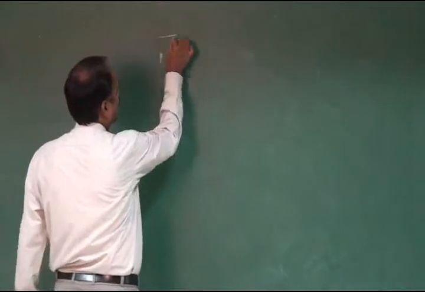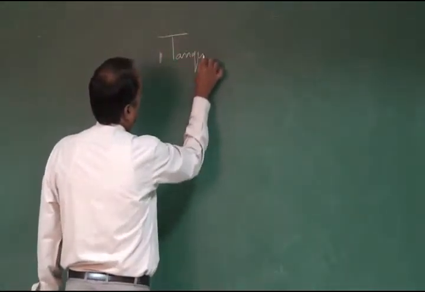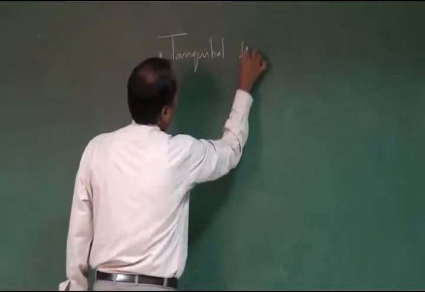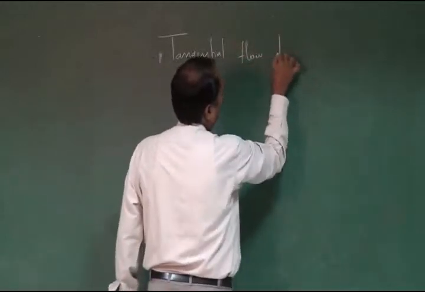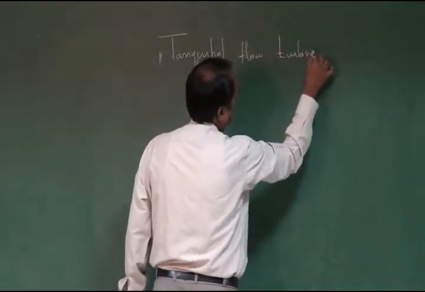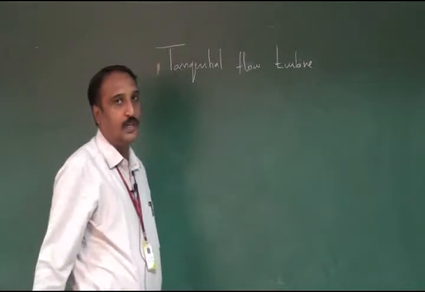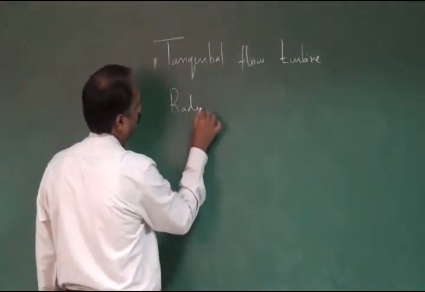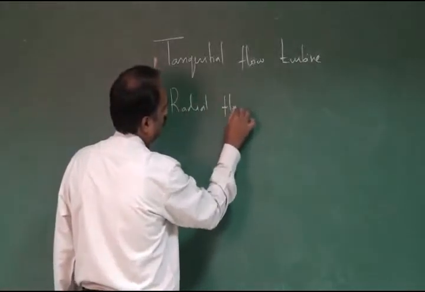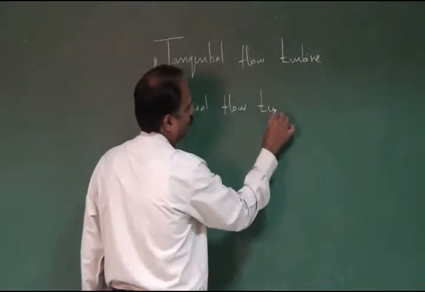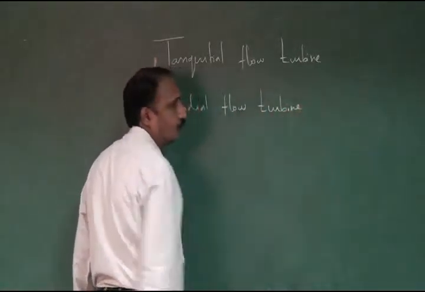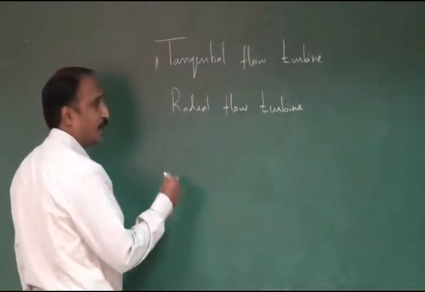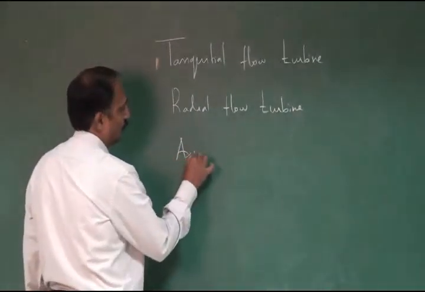The first one is tangential flow turbine, then radial flow turbine, and the third type is axial flow turbine.